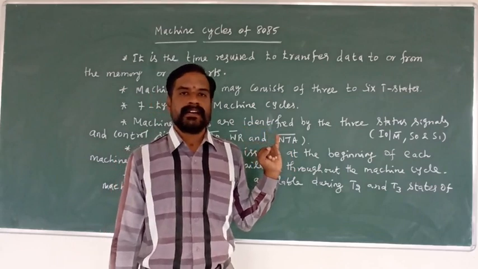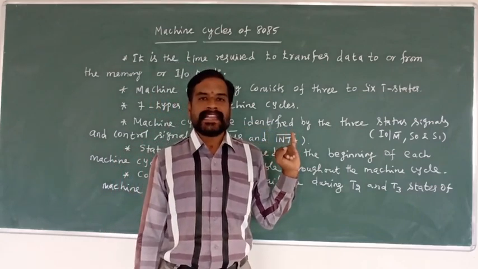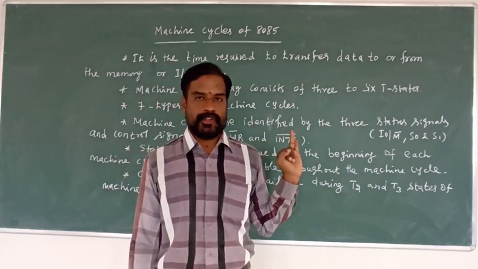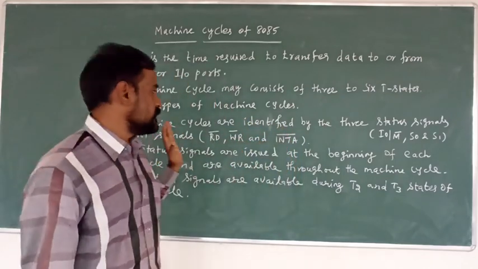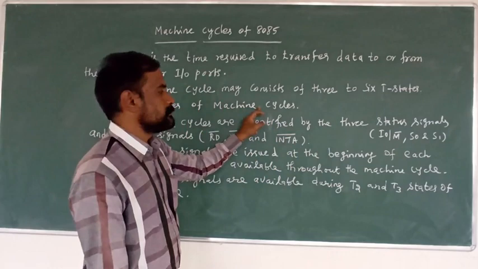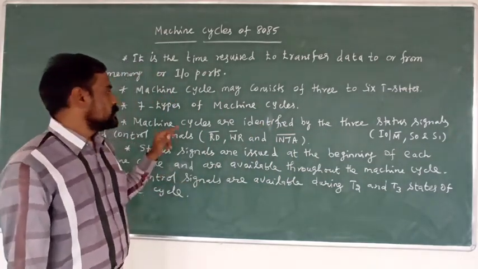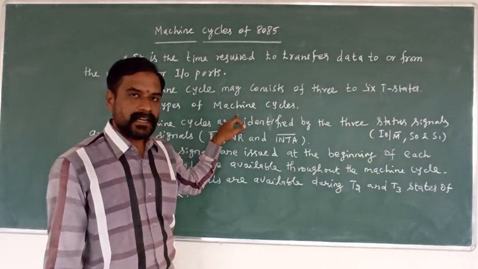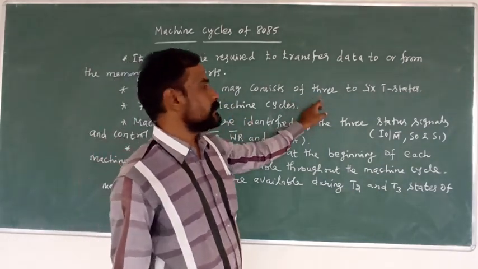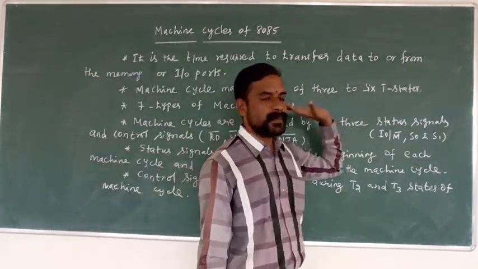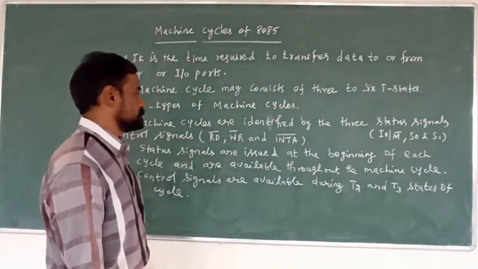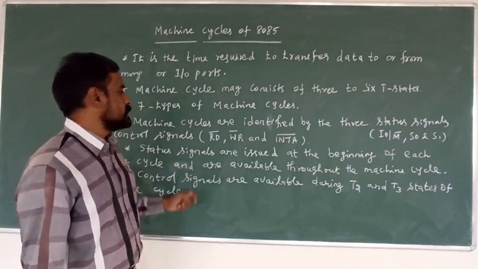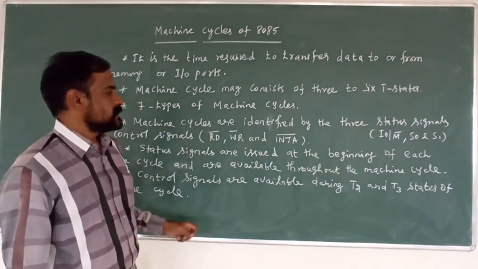Sixth, bus idle. And seventh, interrupt acknowledge. Any one of the machine cycles requires minimum 3 T states to 6 T states. And how to identify the machine cycles?